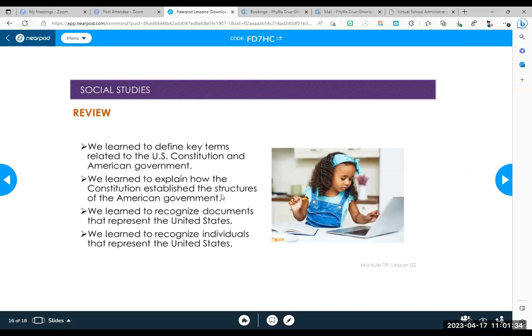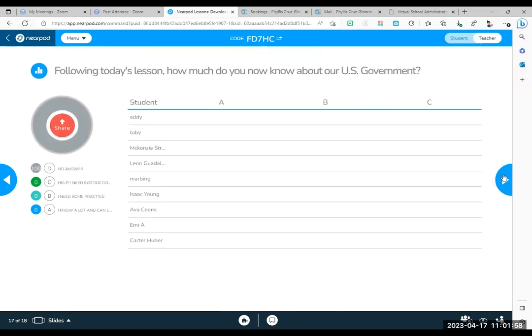The three branches of government is how they created the structure. We had a balance of power, right? It was fair. We learned to recognize documents that represent the United States, like the American flag and the $10 bill. And we also learned to recognize individuals like Mr. Alexander Hamilton, who helped create the government for the United States.